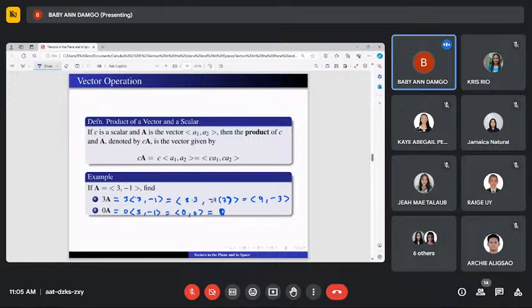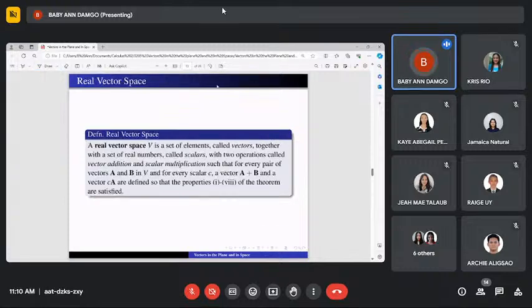Such that for every pair of vectors A and B in V, and for every scalar C, a vector A plus B and a vector CA are defined so that the properties of the theorem are satisfied. So even in three dimensions, those properties are applicable. Actually, in linear algebra, those properties are also used. It is the same.